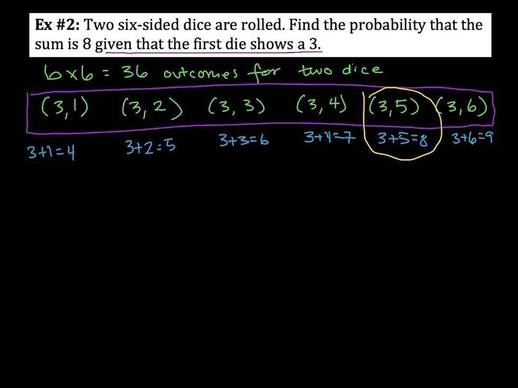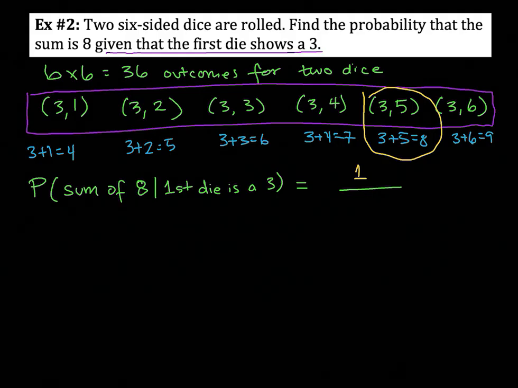So the probability of a sum of 8 given the first die is a 3 is going to be equal to one option, the one that I circled, out of the 6 options. So that's 1/6 of a chance.